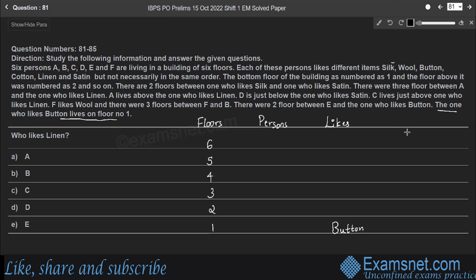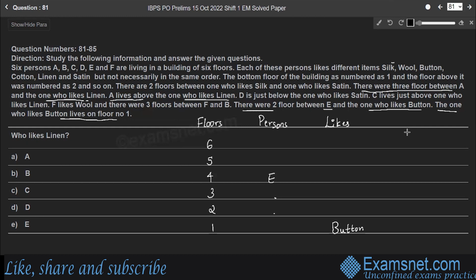Next point: there are 2 floors between E and the one who likes button. So E lives on the 4th floor. The next point is there are 3 floors between A and the one who likes linen, and A lives above the one who likes linen.